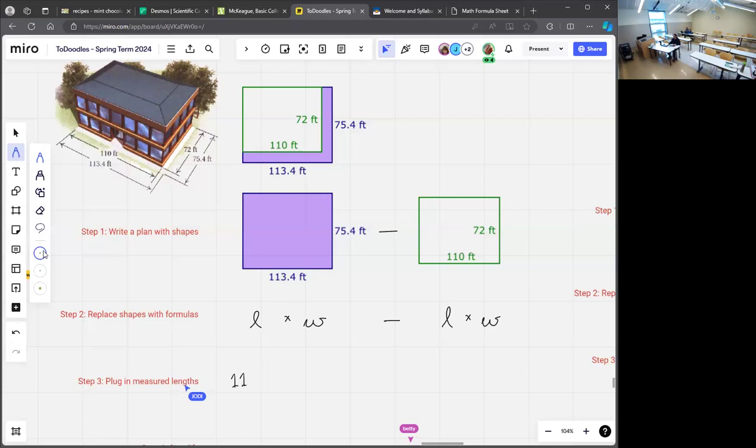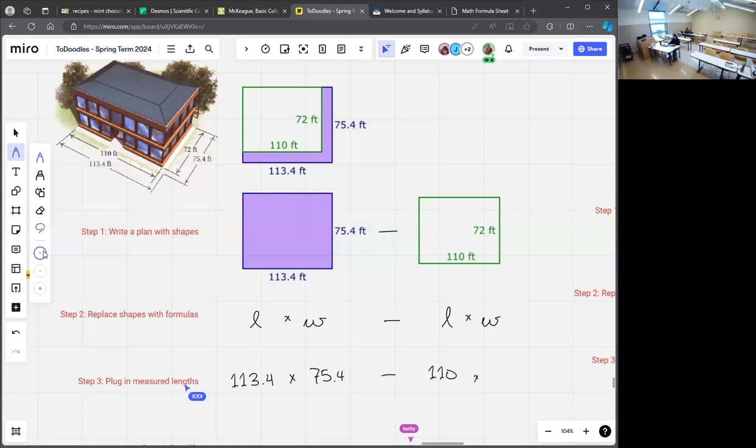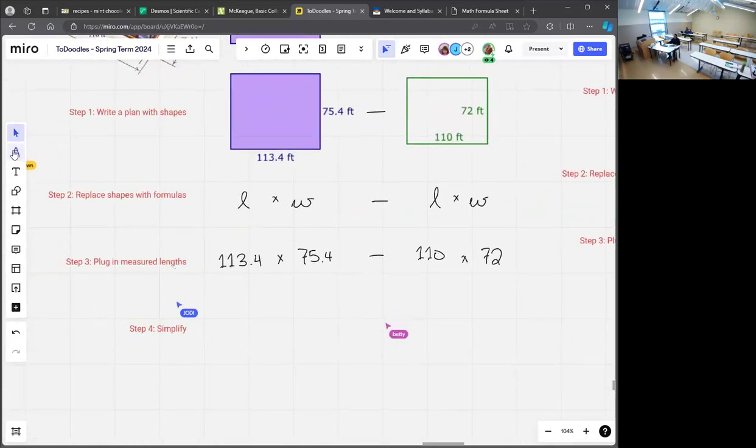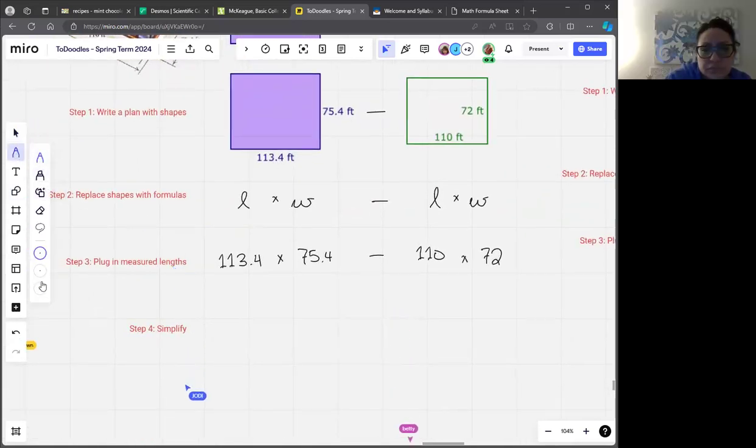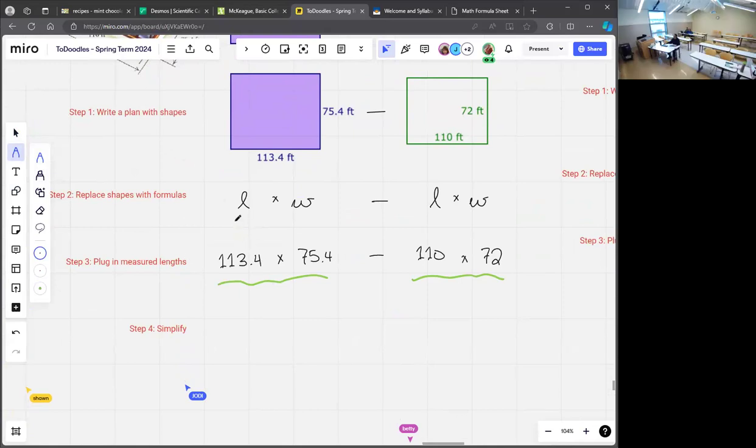So then I plug in the numbers, length times width minus length times width. This isn't the kind of thing you'd have to do by hand. This is why I ask you if we need to write the formulas, because sometimes it's easy just to do the multiplication.